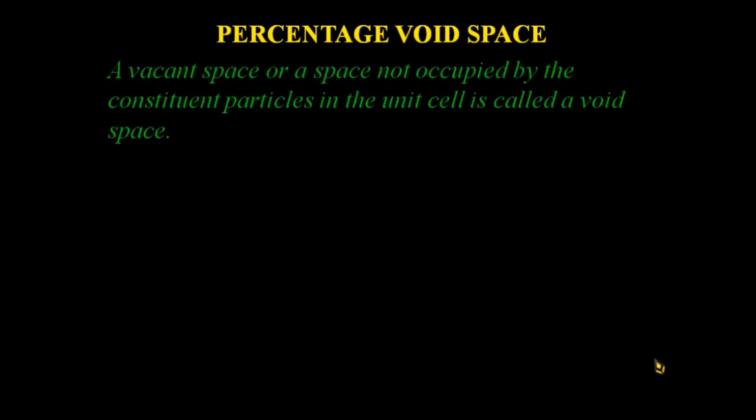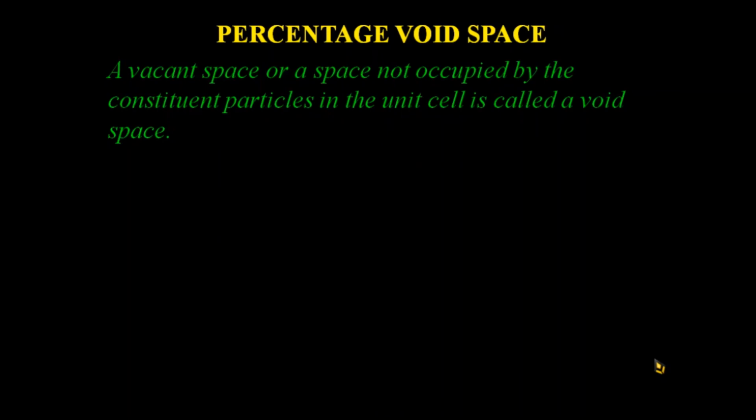Then percentage of void space. This is also important from the NEET or JEE point of view. The space not occupied by the constituent particles in the unit cell is called the void space.